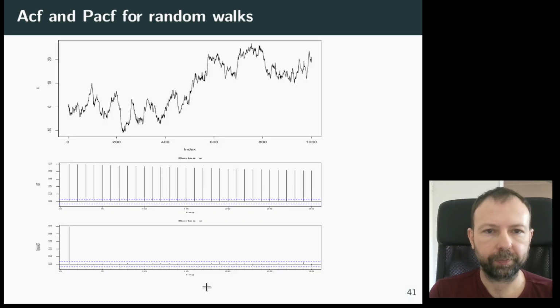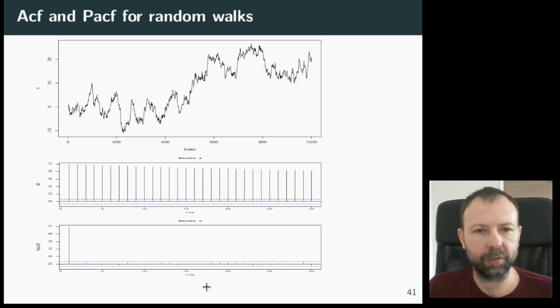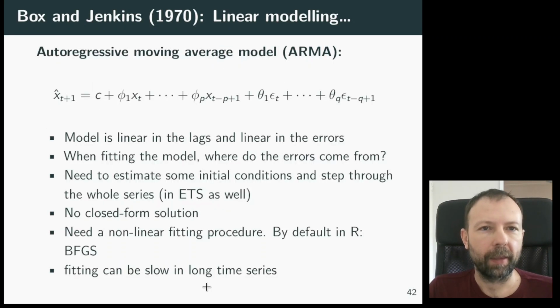That's important to understand: in a random walk, lag 1 tells you a lot because that's your naive forecast, that's where you are currently at. But all the other lags don't tell you anything. Even though in the ACF plot it looks like there is all of this autocorrelation that we should somehow model. No, that's not how it works.